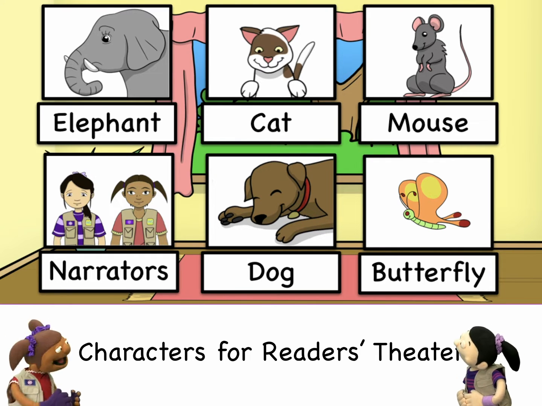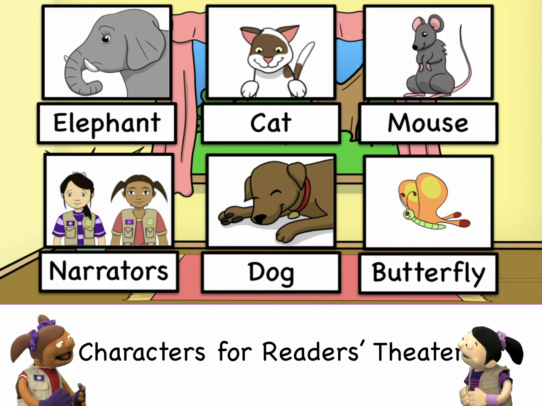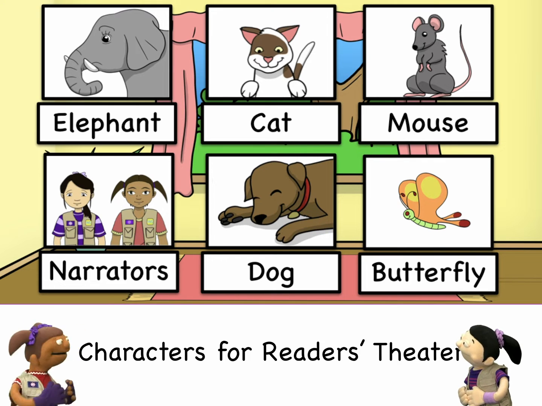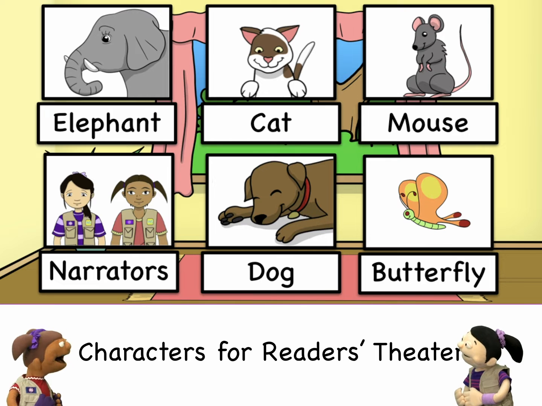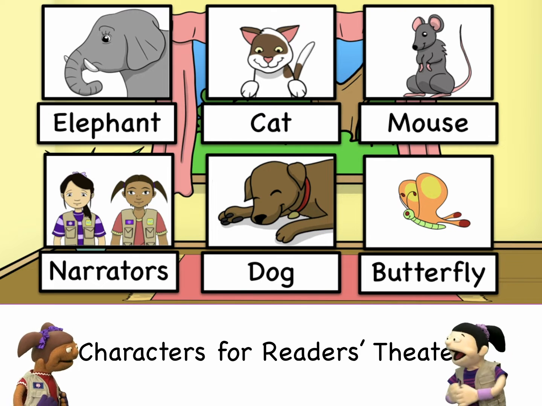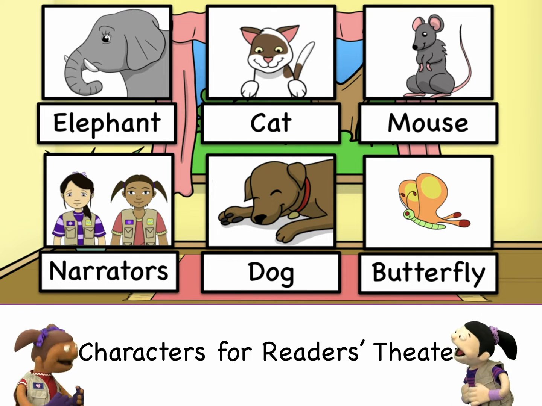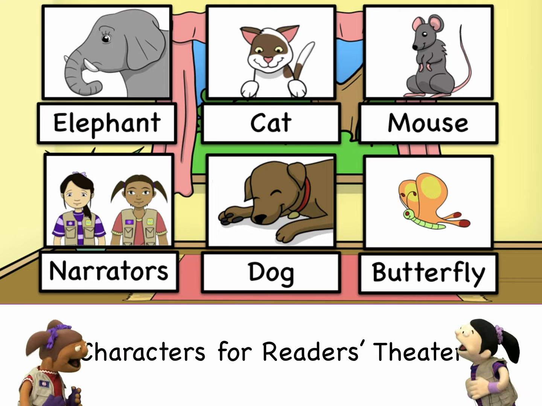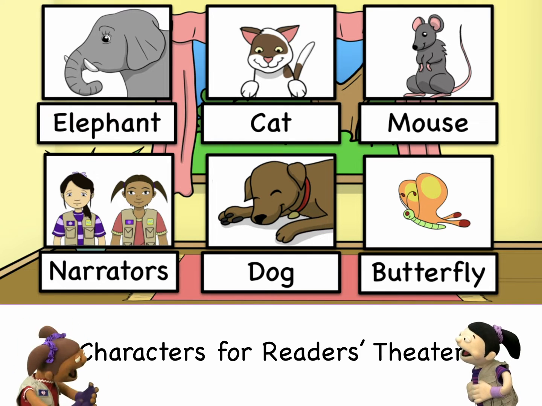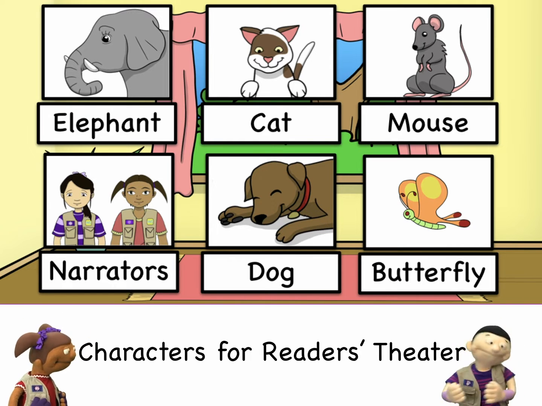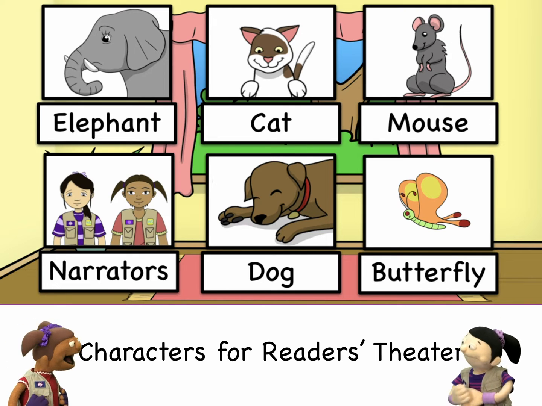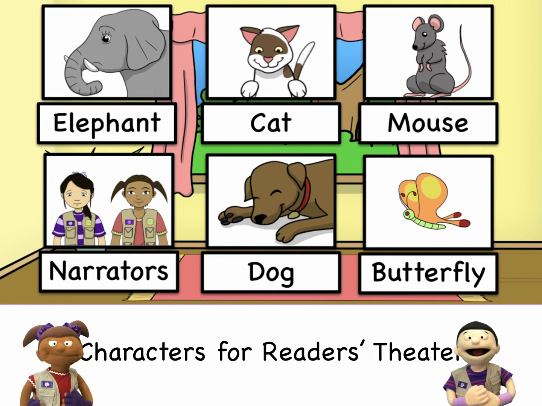Oh, I am good at different voices, so I'll be all the animal characters and change my voice for each animal. Ooh, but can I be the butterfly? Yeah. You be the narrator and the butterfly. Yes, that's great! Let's start the reader's theater.